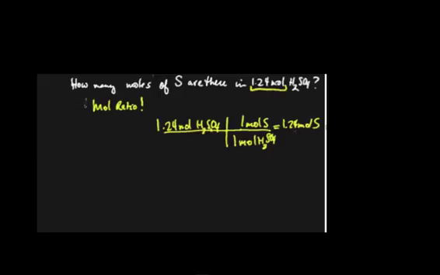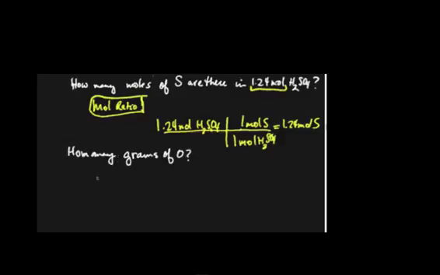What if the question said, how many moles of oxygen do I have? Actually, let's say, how many grams of oxygen do I have? You have like 4 oxygen atoms, so you multiply 16 by 4.